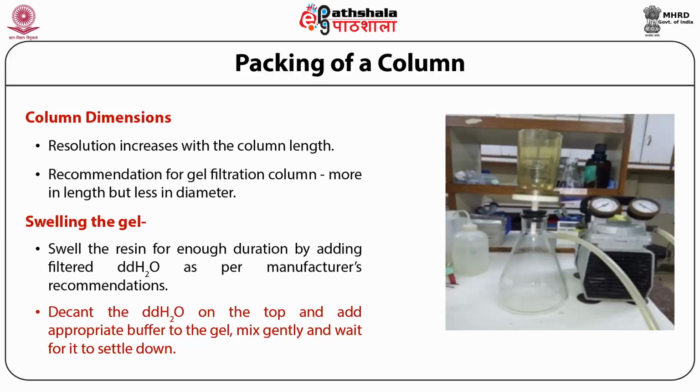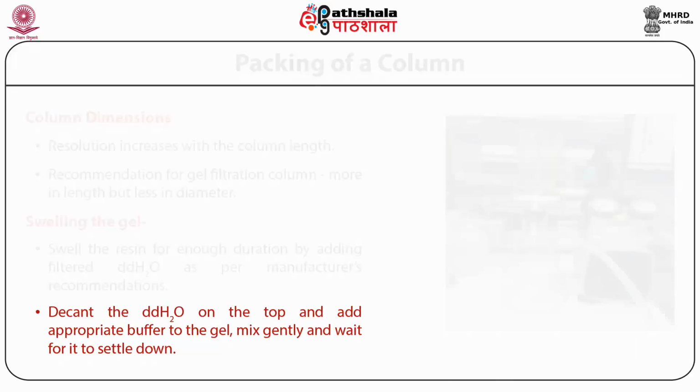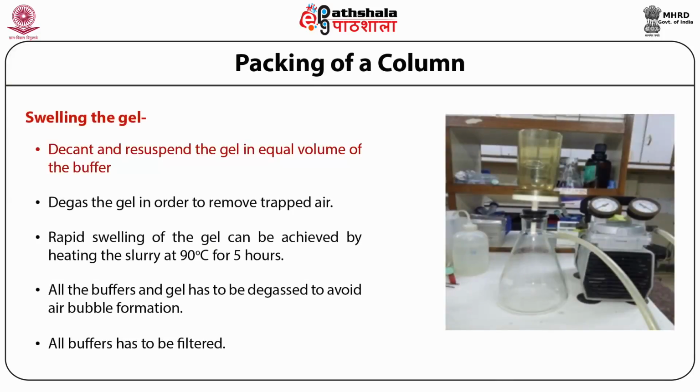You have to mix it gently. You do not have to use a magnetic stirrer for mixing, because it will break the beads and then separation will be poor. Now wait for it to settle down. Once it is settled down, you decant and resuspend the gel in an equal volume of the buffer which you are going to use. Now degas the gel in order to remove trapped air.